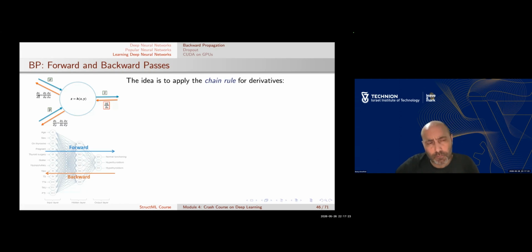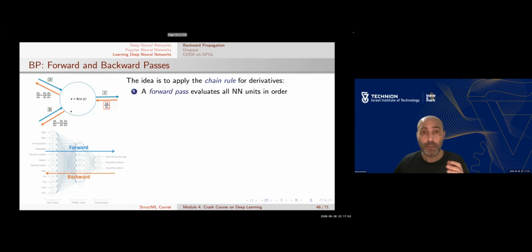When you want to compute the derivative of L with respect to x, you multiply what you got here, the derivative of L with respect to z, by the derivative of z with respect to x. Same here: to compute the derivative of L with respect to y, use what you got previously and multiply it by the derivative of z with respect to y. That's the basic chain rule of derivatives, and we're going to use that.